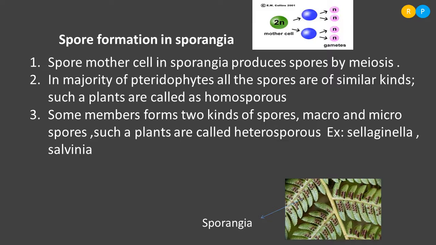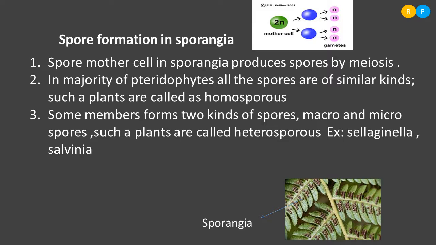The plants which produce these two types of spores are named heterosporous plants. Hetero means what? Different. Clear? So different types of spores are produced in some members of pteridophytes. They are called heterosporous plants. Clear?